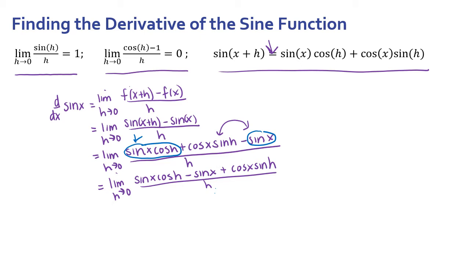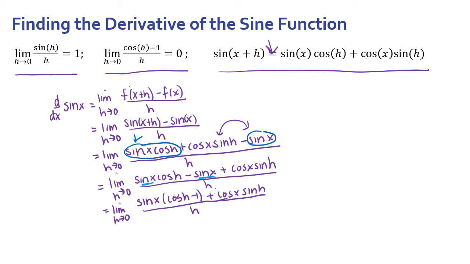Both of these terms have a sine of x in them, so I'm going to factor that out. That's the sine of x times the cosine of h minus 1, plus the cosine of x times the sine of h, all over h.